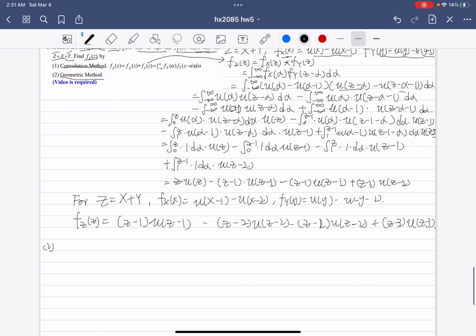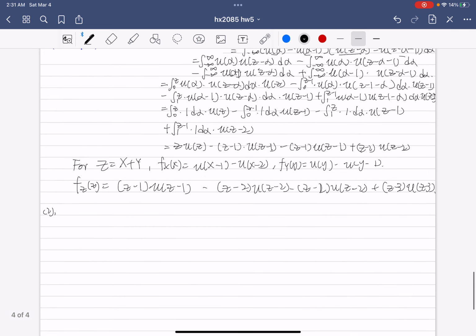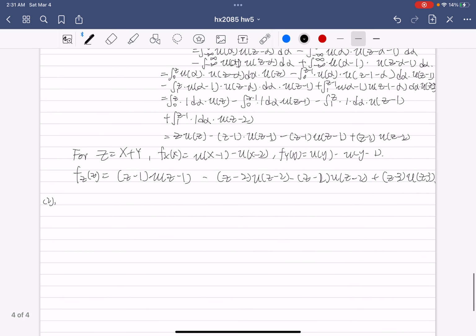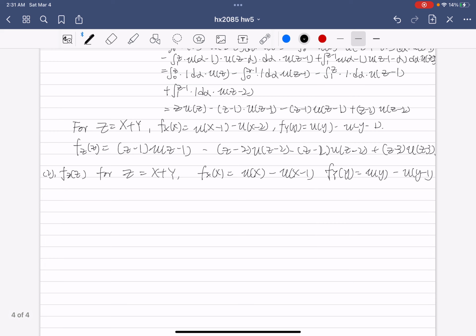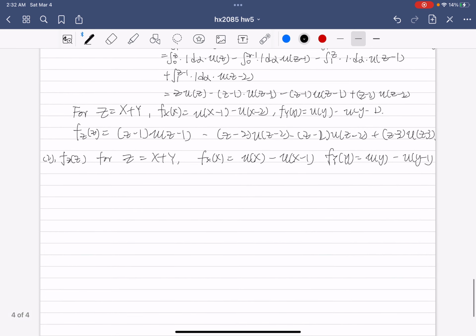The second part is to use another method. Like in the first part, we calculate the density function for z equal to x plus y, where the density function of x equals u(x) minus u(x minus 1), and the density function of y is the same, and to get our result, we just need to shift the result to the right by 1.